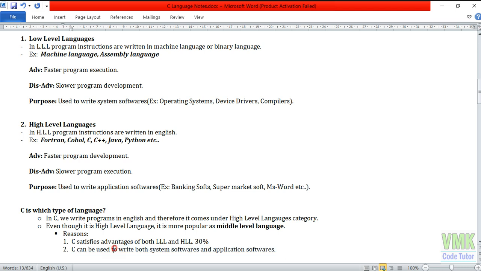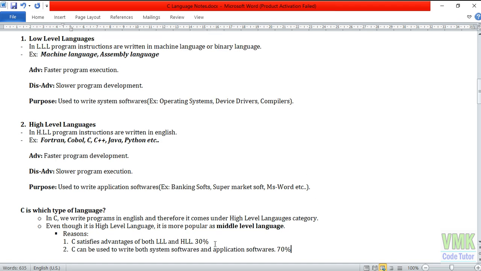I repeat, C can be used to write both low level language softwares, that is system softwares, and high level language softwares, that is application softwares. This is the 70% major reason why C is called a middle level language.